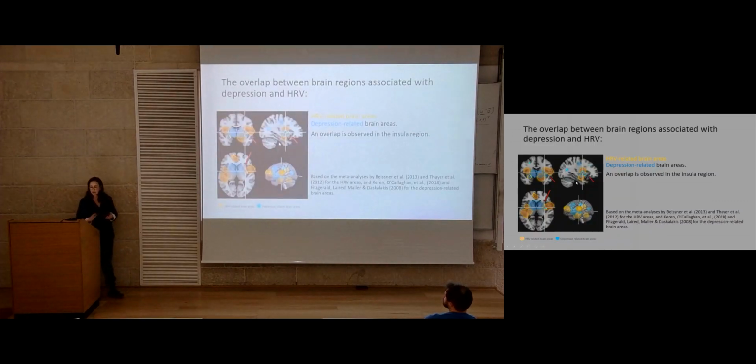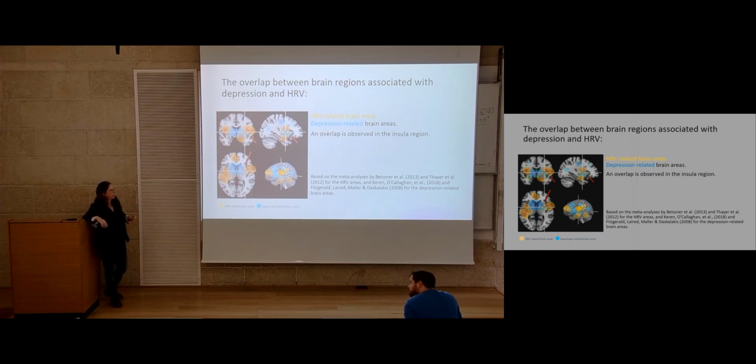And this is a presentation of the coordinates we found for the different regions that are encoding and regulating HRV and autonomic activity, and the regions that were shown to be related to depression.